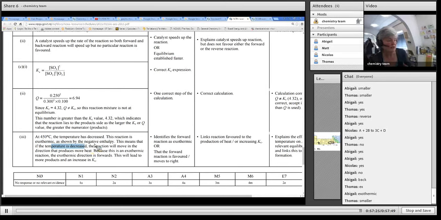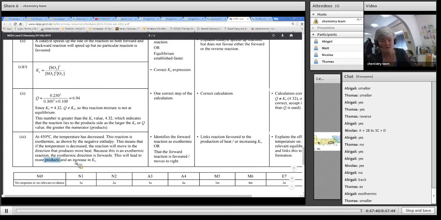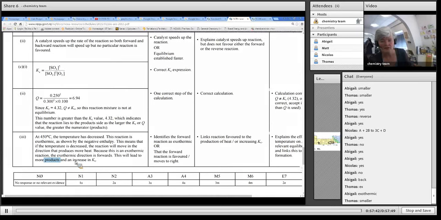Because it's an exothermic reaction, the exothermic direction is forwards, so you're going to get more products. And if you've got more products, the value of K is going to get bigger. Okay, so we've gone through the calculations pretty quickly there, and you see here what they've done with it.